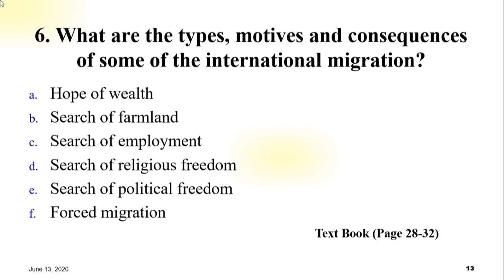It means people want to find land in another country for farming. For example, people at their country lack land, meaning there is not enough land for farming, so they have to search for farmland in another country.